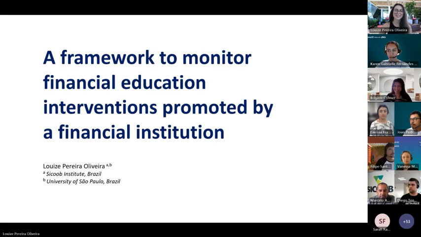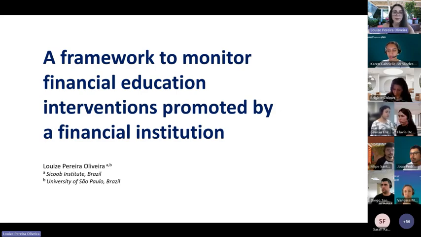I will talk about a paper that I wrote for CIBP Sprint, and I would like to invite you all to read the entire paper. In this paper, we talk about the framework to monitor financial education interventions promoted by financial institutions. My purpose with this paper is to share a framework that could be implemented for other cooperatives or financial institutions, based on the experience that we have in Sicoob.